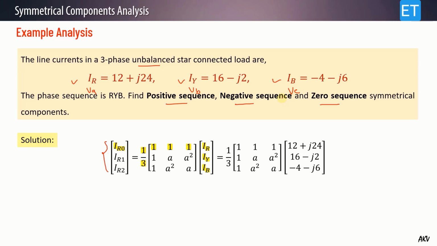But here, since this is a current vector, we have to use I for R phase, Y phase and B phase. So here that matrix equation is used. This is your input vector. I have substituted all the values of the input vector. So this is IR, this is IY and this is IB.